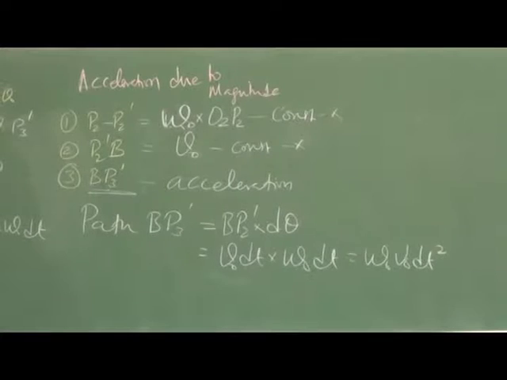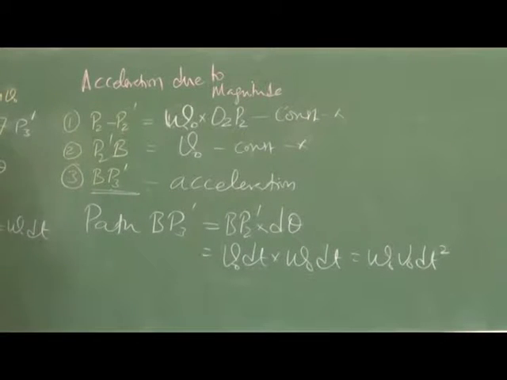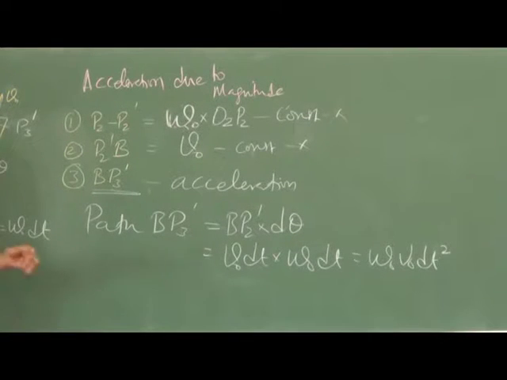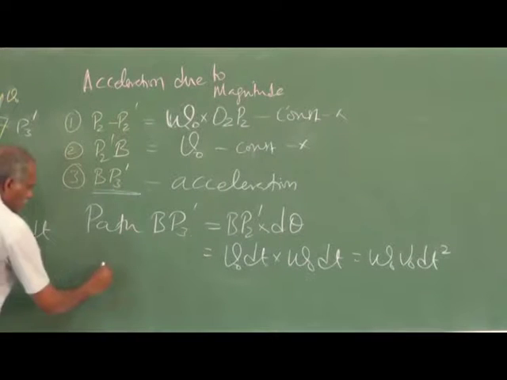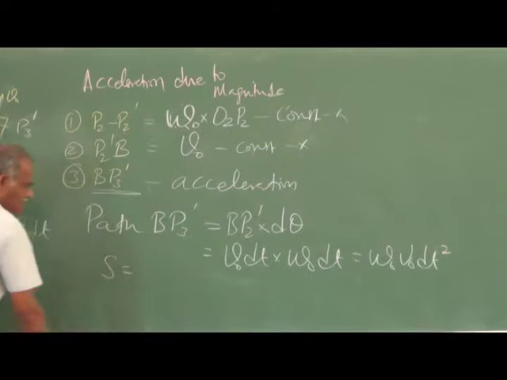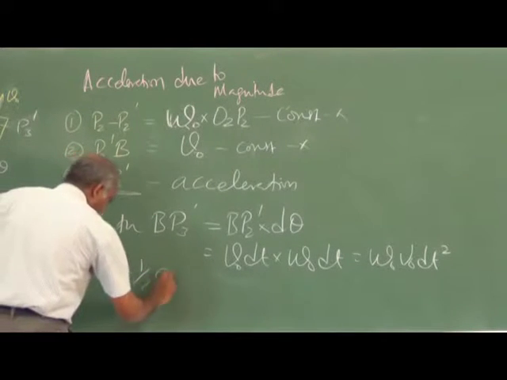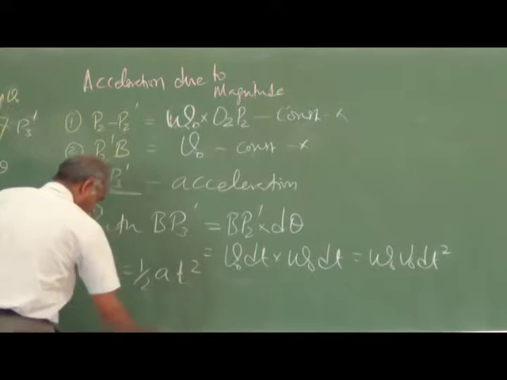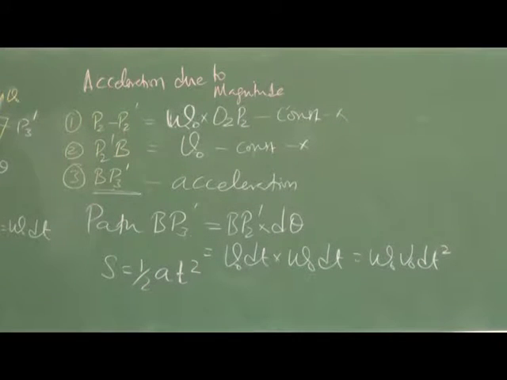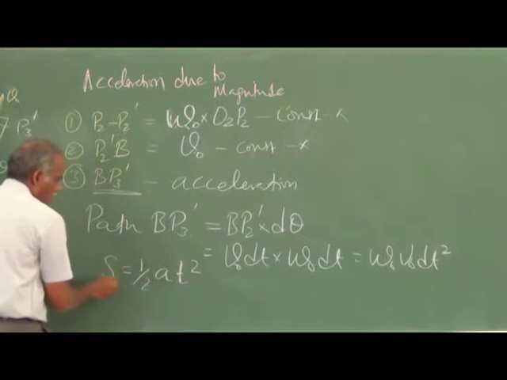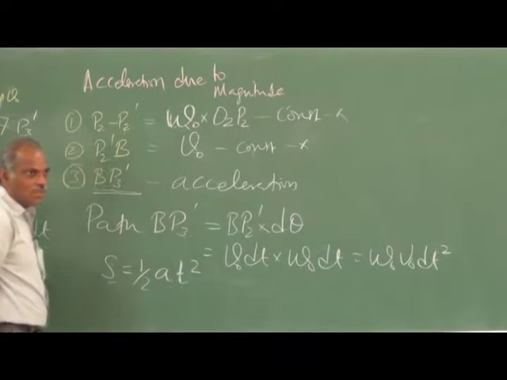We know that for the displacement and acceleration, this is a linear acceleration, then you know that S, the distance, is given by half a t square. So in this case, the displacement S is equal to half a t square.